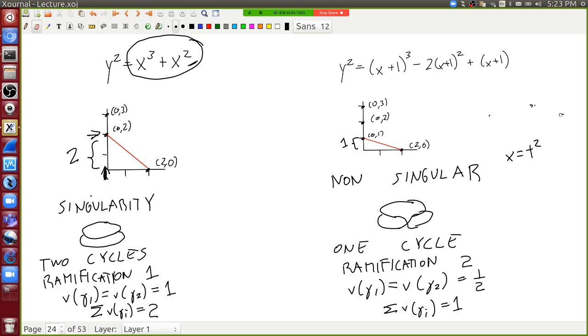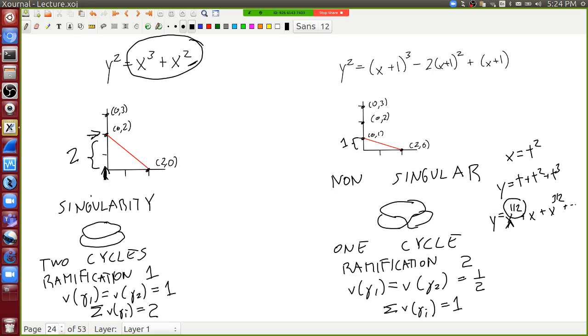It's analytic in that t plane, so y is going to be something like t plus t squared plus t cubed. But as a power of x, it's going to be like x to the 1/2 plus x to the 3/2, blah, blah, blah. As a function of x, it's going to be a fractional power series.